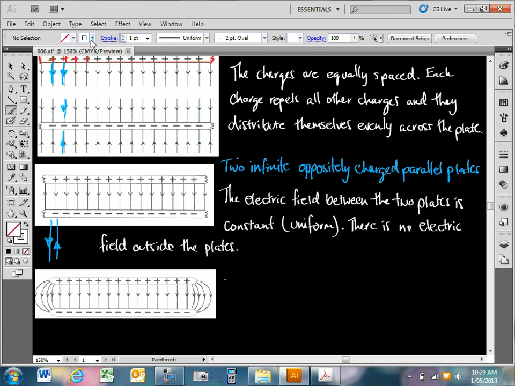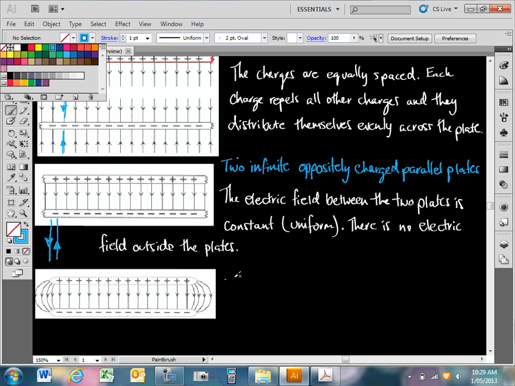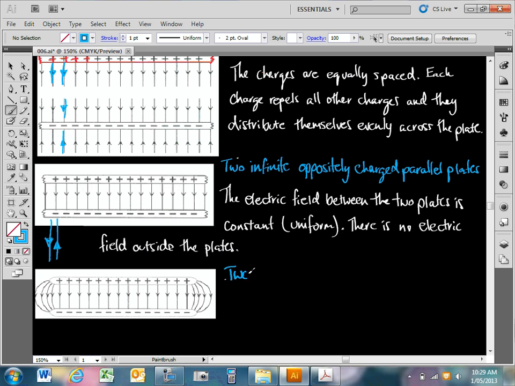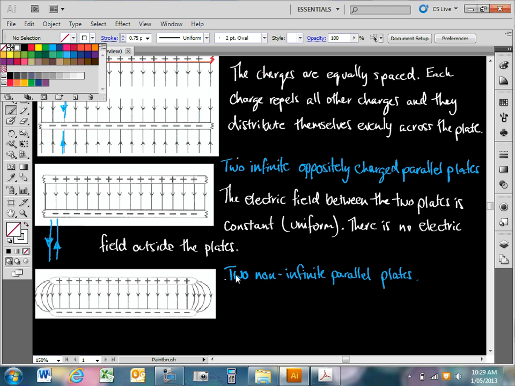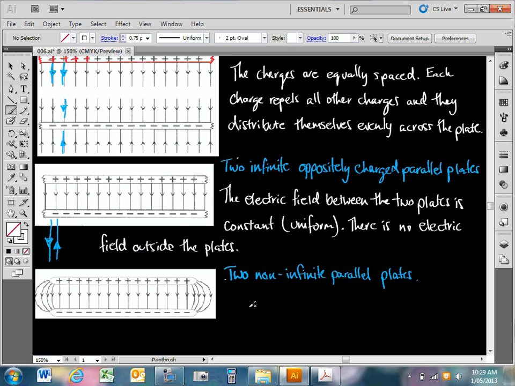I better put in blue, two non-infinite plates, infinite or finite. Two non-infinite parallel plates.